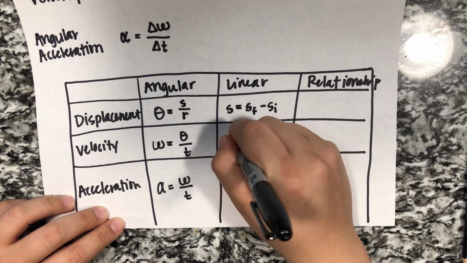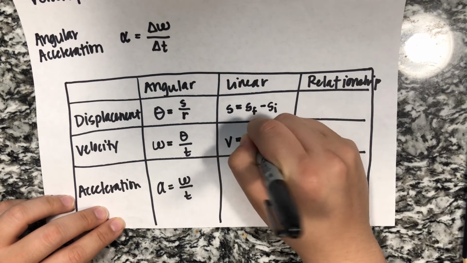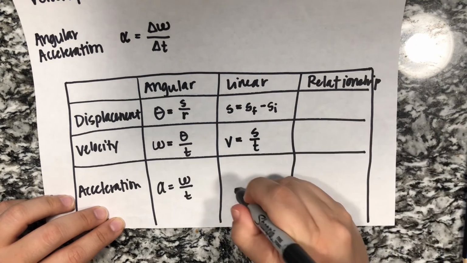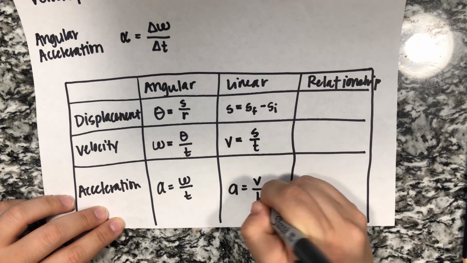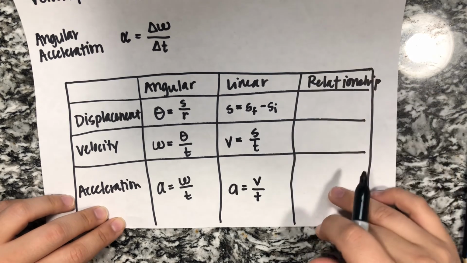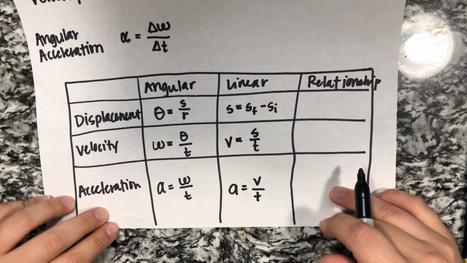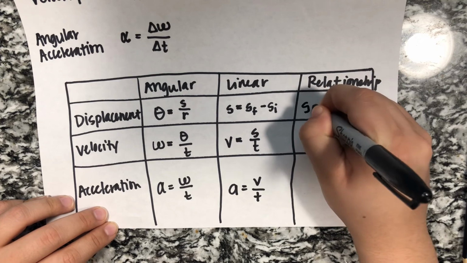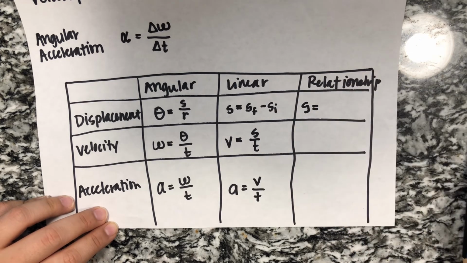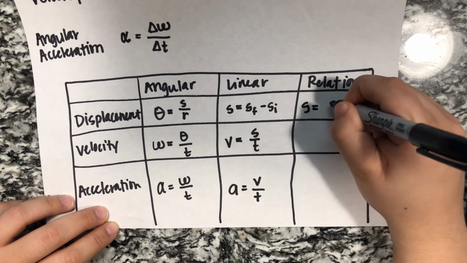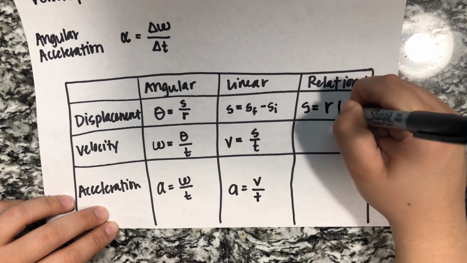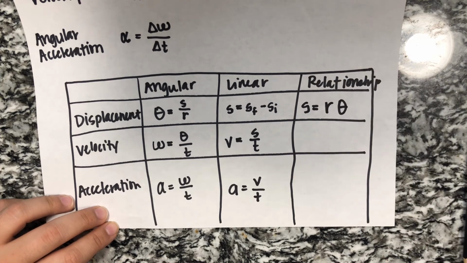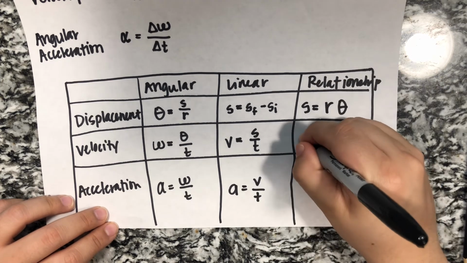Okay, V is going to be equal to S over T, and A is going to be equal to V over T. Now, this column is the important one. This is how we're going to show how these quantities are related to each other. So if you want to find your linear quantity and you have your angular displacement, all you have to do is multiply your radius times your angular displacement, theta, okay?